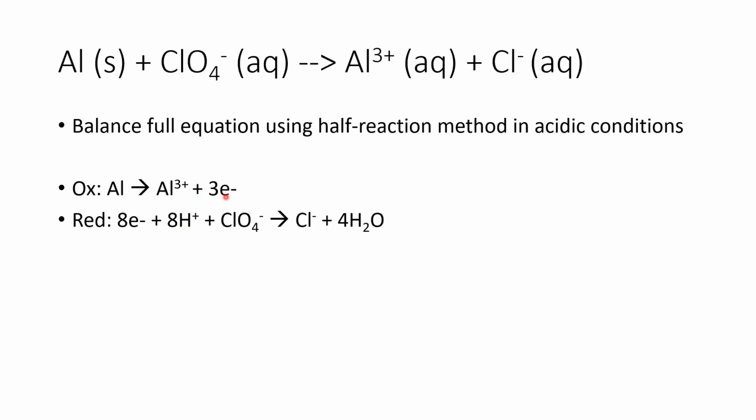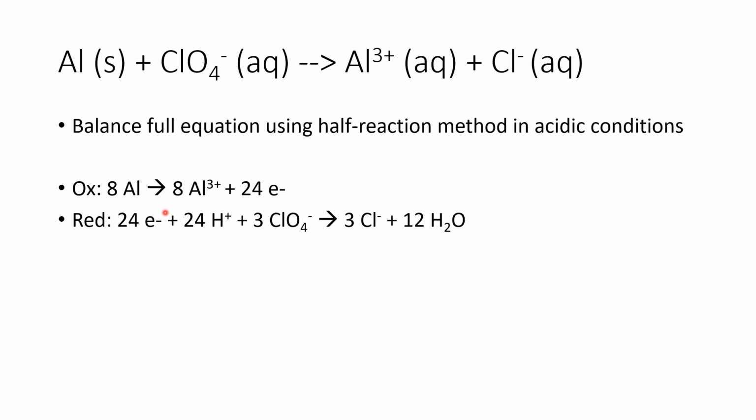But right now we're saying aluminum's losing 3, but chlorine's gaining 8. So we need to make sure that those are equal. We're going to multiply by some factor, and in this case, the lowest common multiple is going to be 24. So we'll multiply the first reaction by 8, and we'll triple the reduction half reaction, so that each of them then have 24 electrons.